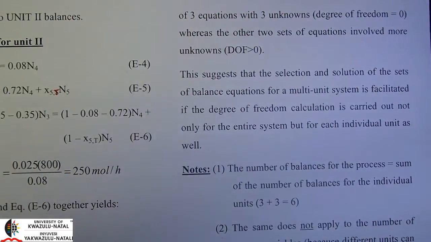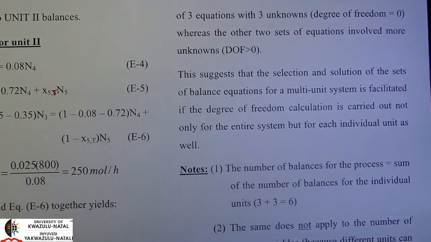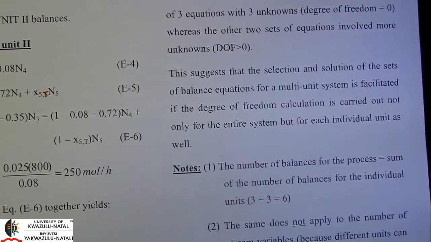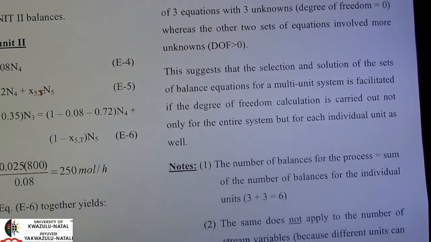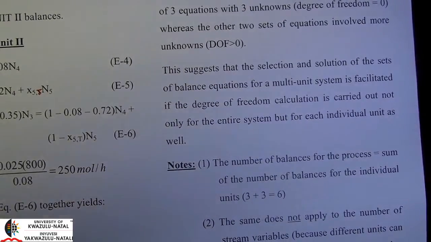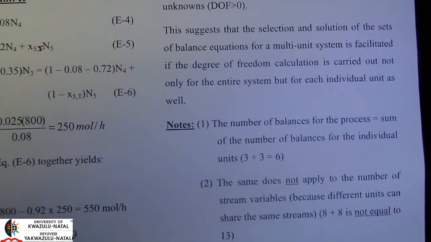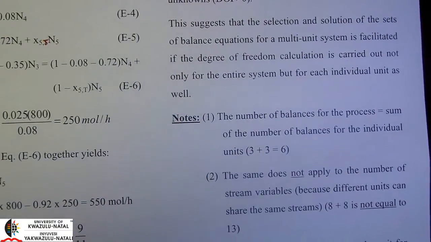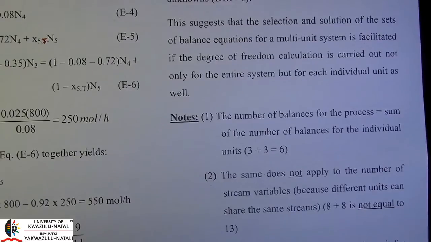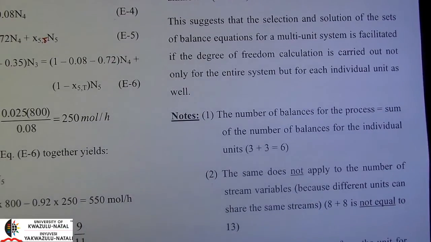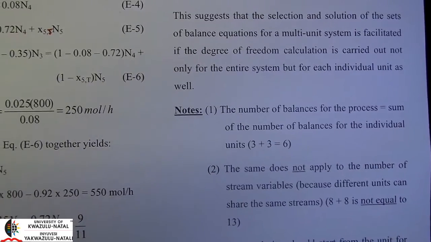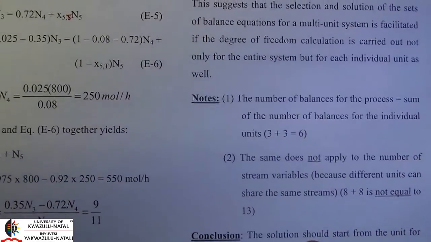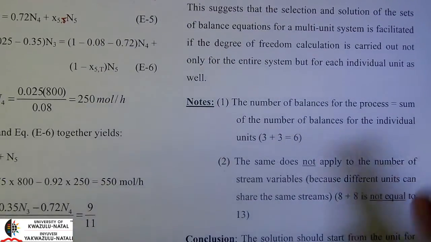Okay, so our degree of freedom table is actually very useful in giving us a good direction on where to start and also where to continue. And you will continue to see the value of a degree of freedom table as we go through more and more complicated examples with more than 2 units. Okay, could be 3, 4, even 5 units. And we will have to solve the degree of freedom for each unit as well as the overall and the process.